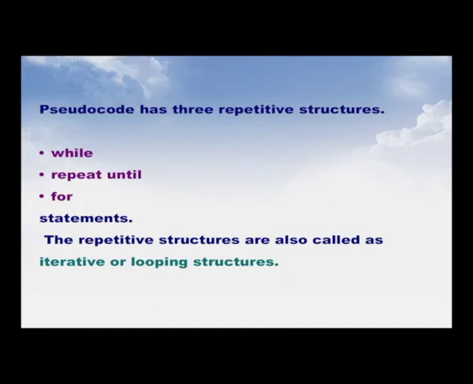Pseudocode has 3 repetition structures. They are the while, repeat until, and for statements. The repetitive structures are also called iterative or looping structures. We will have a look at them one by one.